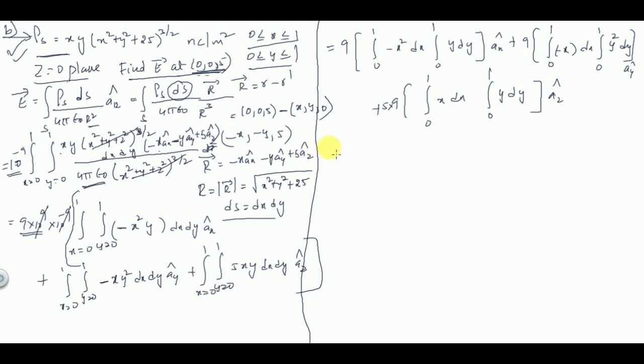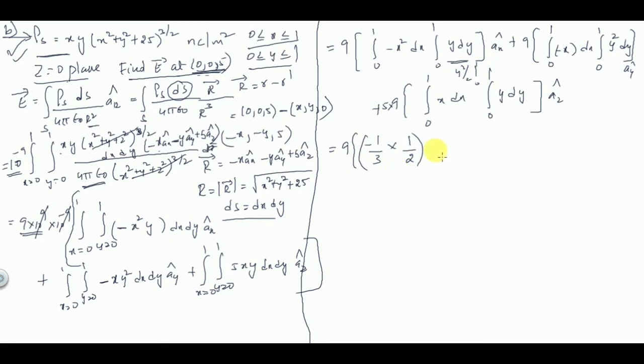So this will be 9 into, integral of minus x square is minus x cube by 3, so if you substitute the limits it will be minus 1 by 3, into integral of y dy, which is y square by 2, and if you substitute the limits 0 to 1 it will be 1 by 2.